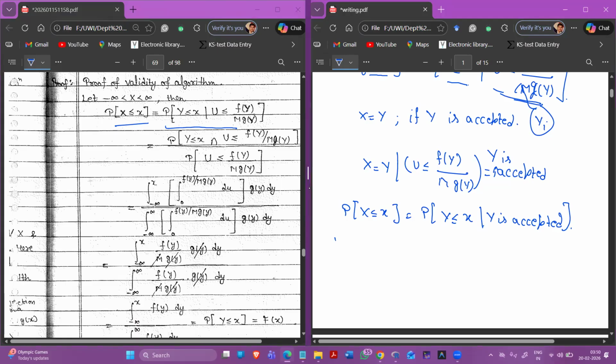The probability of A given B is equal to the probability of A intersection B divided by the probability of B. From this formula we wrote: the probability that Y is less than or equal to x intersection u less than or equal to f(y) divided by m g(y), divided by the probability that u is less than or equal to f(y) divided by m g(y). Is there any confusion till here in the first two steps?